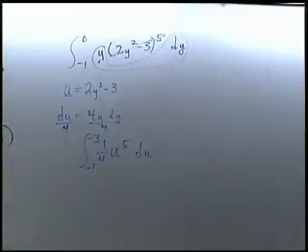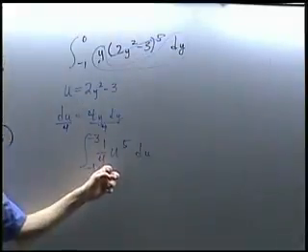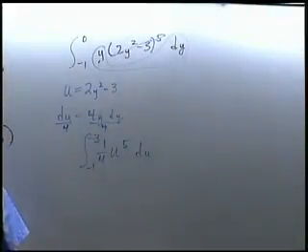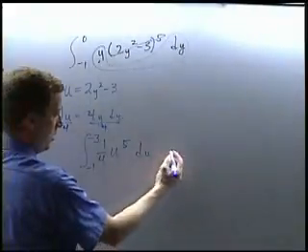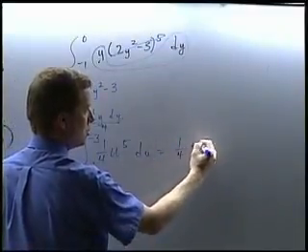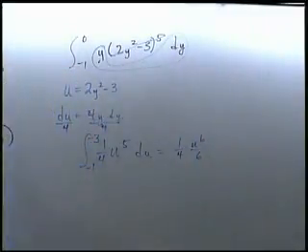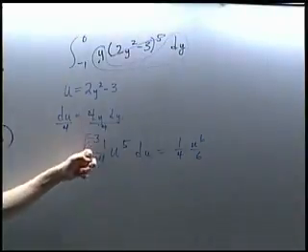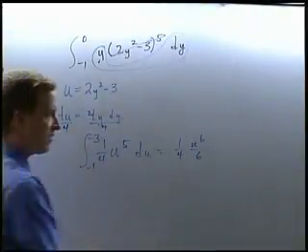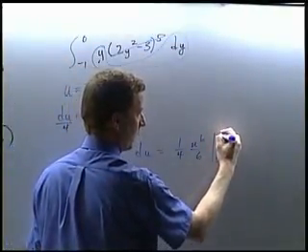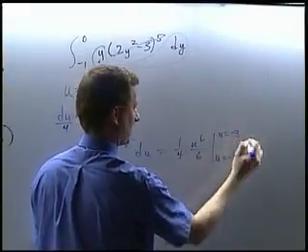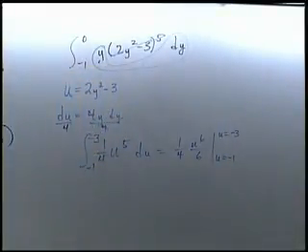Now I can go ahead and finish off this problem. What's the antiderivative of 1/4 u to the 5th? Well, it'll be 1/4 u to the 6th divided by 6. And now I can substitute in these new numbers, -3 and -1, and I'll come up with my result.